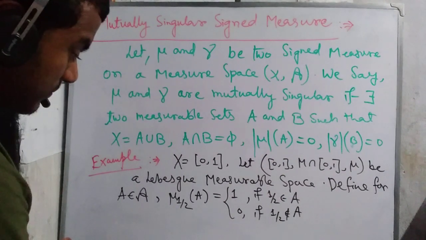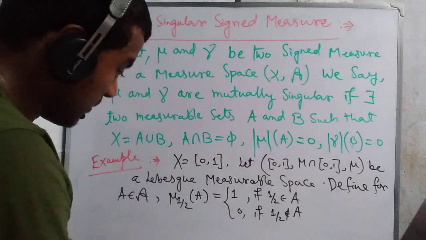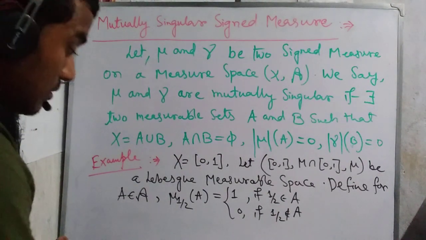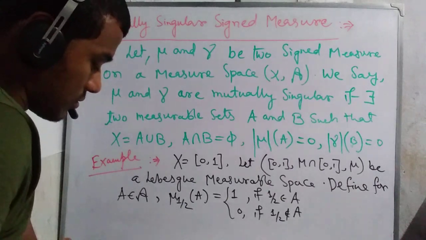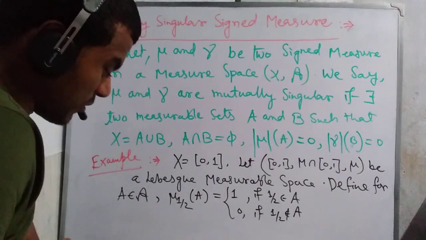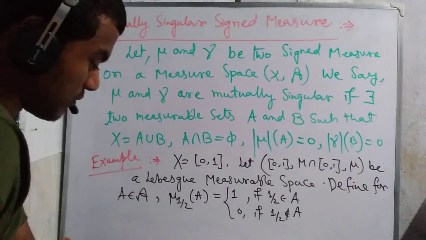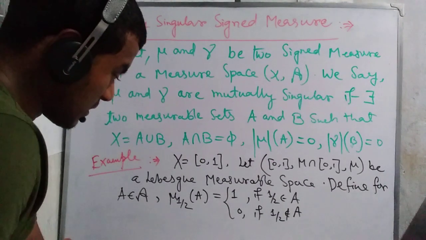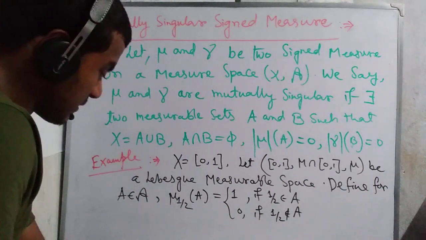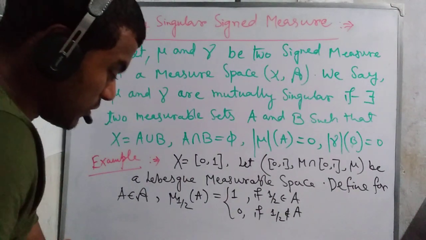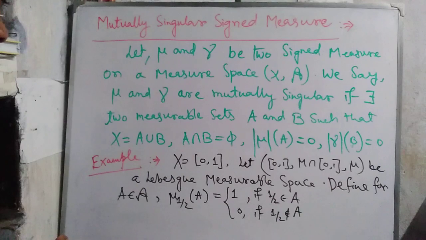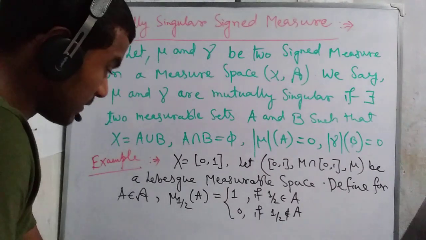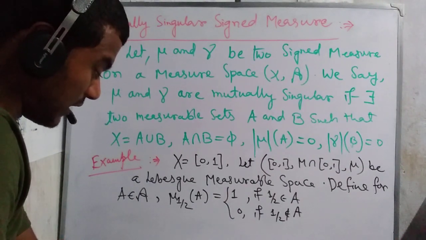Then mu half is a measure on X, A, and obviously mu of P equal to 0. Mu of half equal to 0, and here mu half of N equal to 0. Then we talk about that.